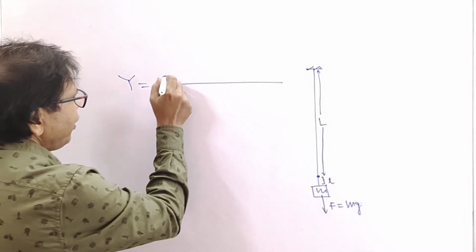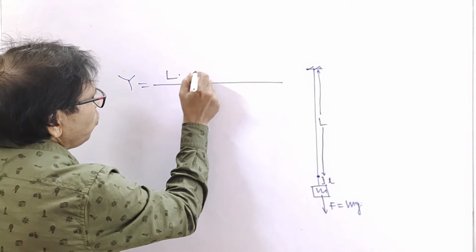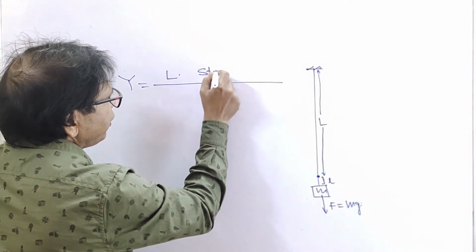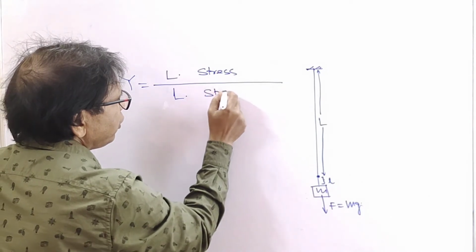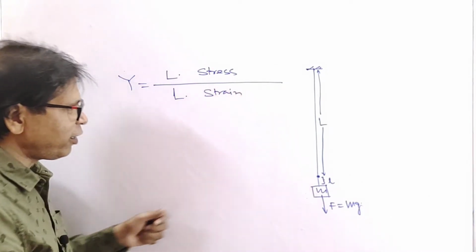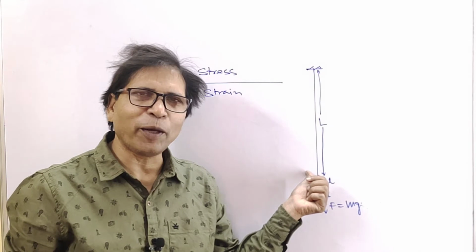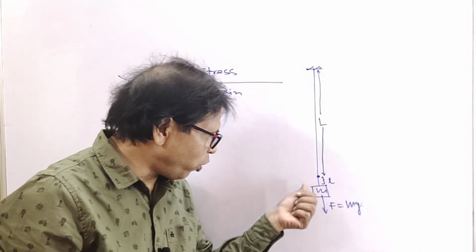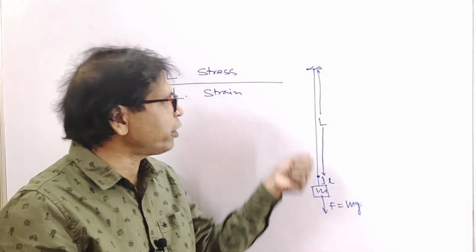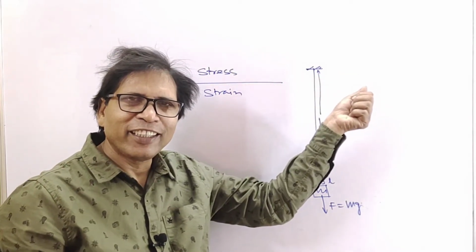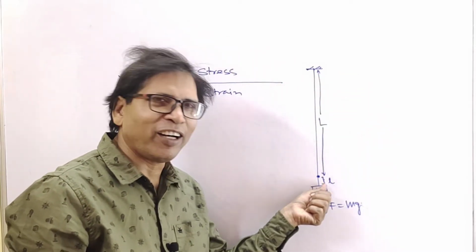So look at this. Young modulus Y is equal to longitudinal stress divided by longitudinal strain. Look at this. This is a wire. Its length is capital L. If a load F equal to mg acts on it, keeping the upper end fixed, the elongation becomes small l.